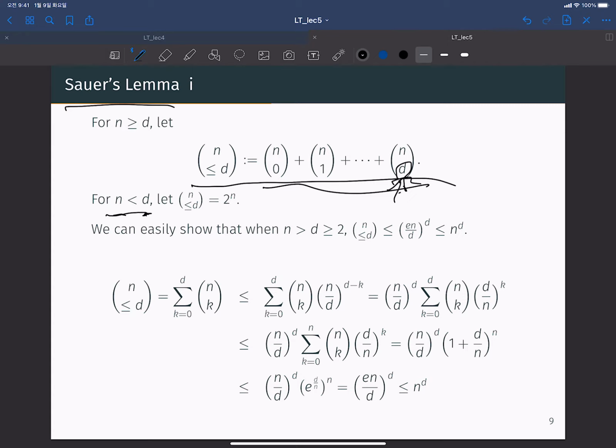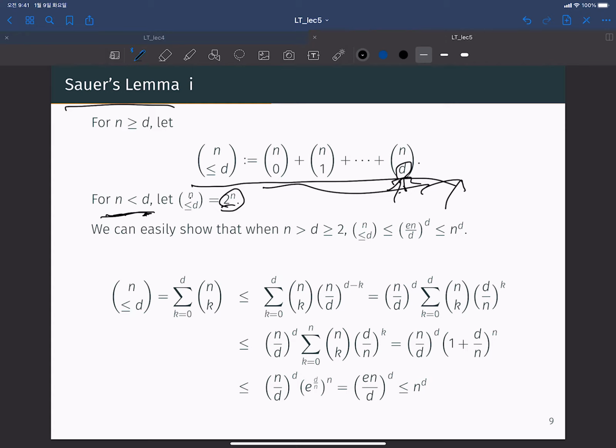In this case, we just say n choose less than or equal to d is just 2 to the power n, which basically ignores the case d strictly bigger than n. When you sum up from n choose 0 to n choose n, that is exactly 2 to the n, right? So for n strictly less than d, we just simply ignore the not well-defined terms.